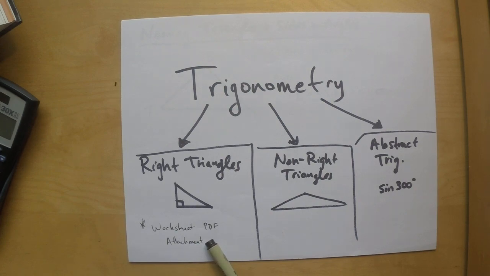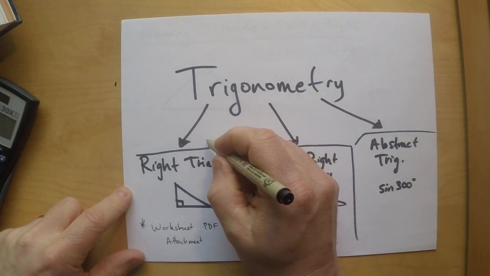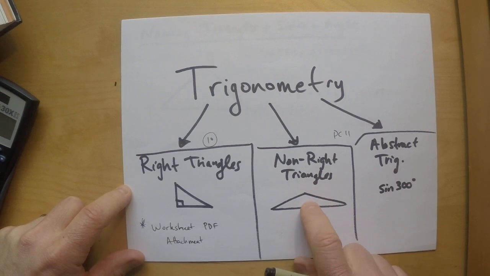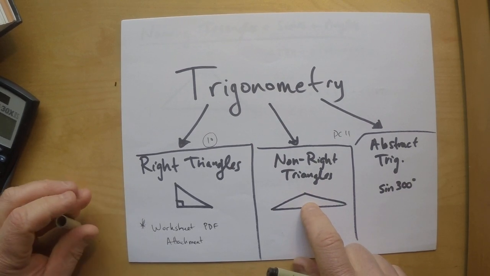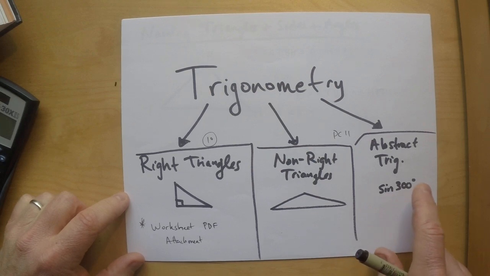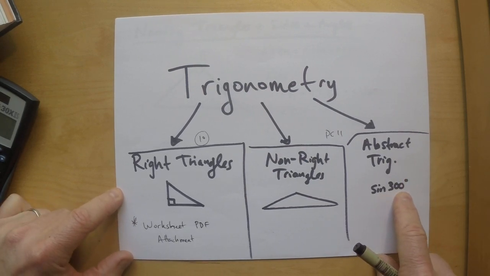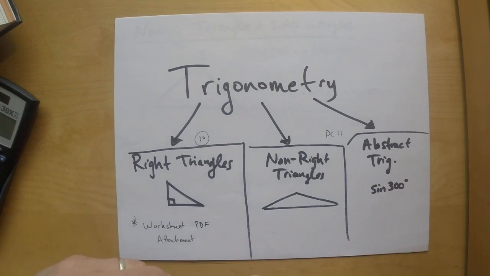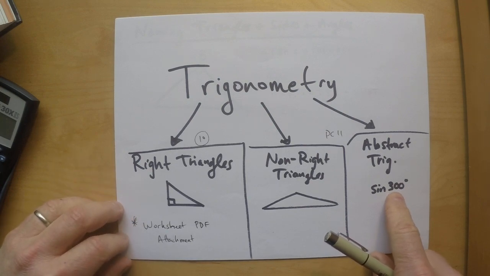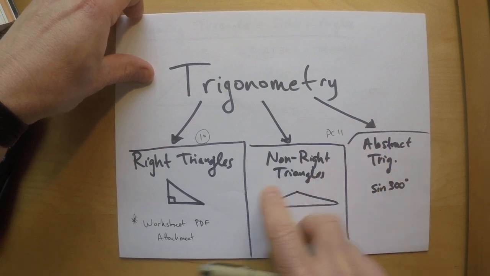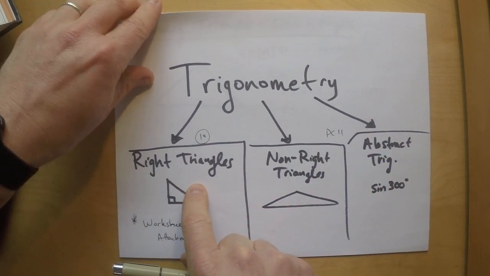Pre-Calc 11 will then focus on non-right angle triangles, so triangles that don't have a 90 degree angle in them, and some abstract trig, for example angles bigger than 90 degrees or bigger than 180 even, something that doesn't even make sense from a triangle point of view. So that's kind of where we'll be going in Pre-Calc 11. Today's lesson is on this.